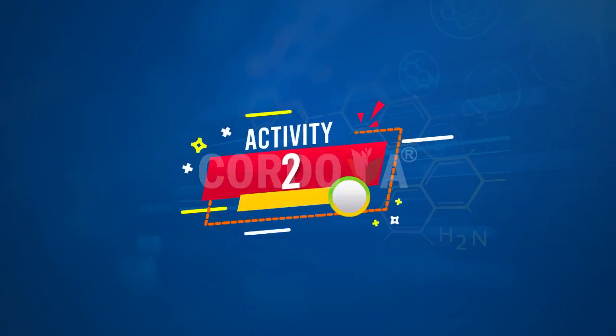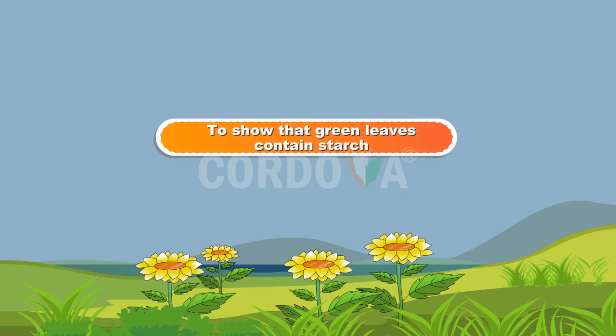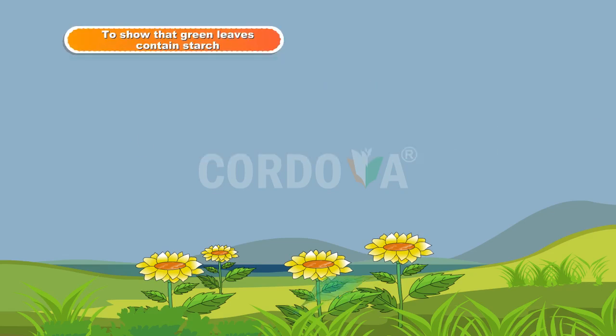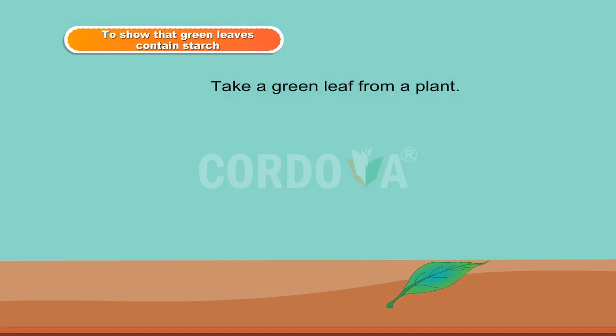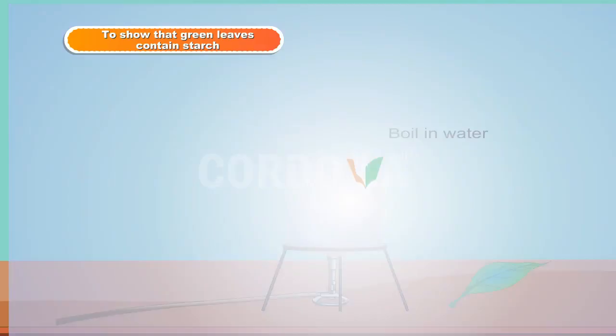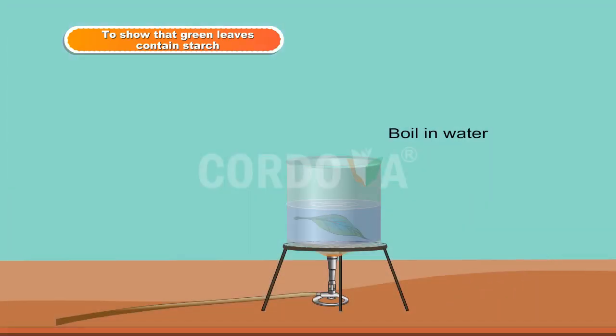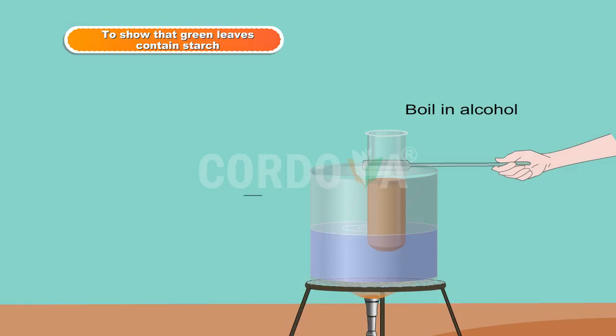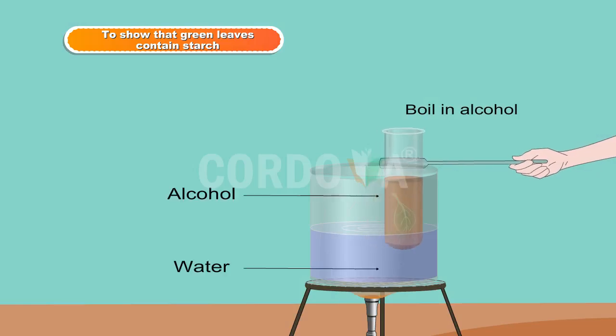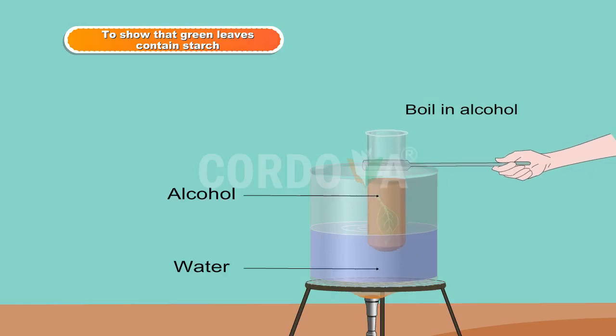Activity 2. To show that green leaves contain starch, take a green leaf from a plant. To see any change in color, first, we have to remove the color of the leaf. We can do it by boiling the leaf first in water and then in alcohol. The process of removing the green color of the leaf is called bleaching.